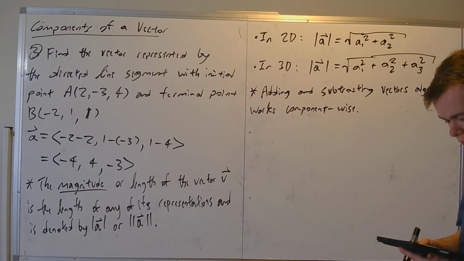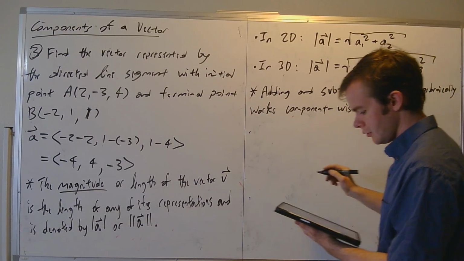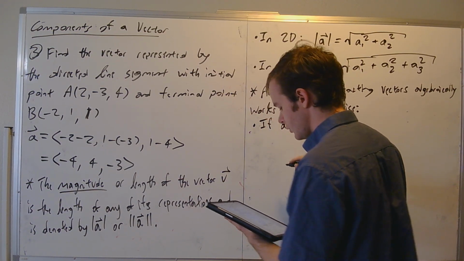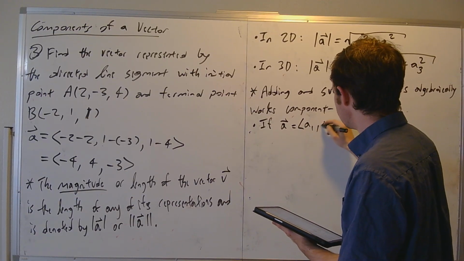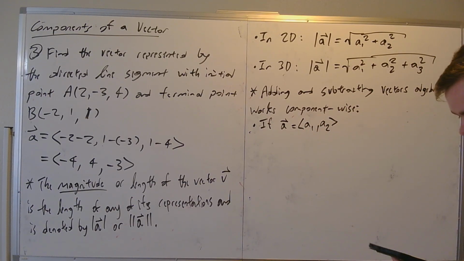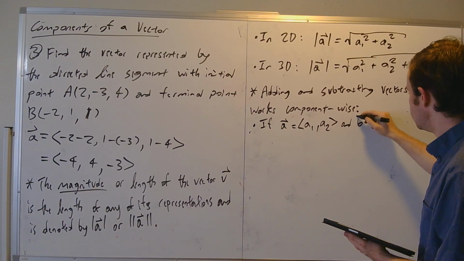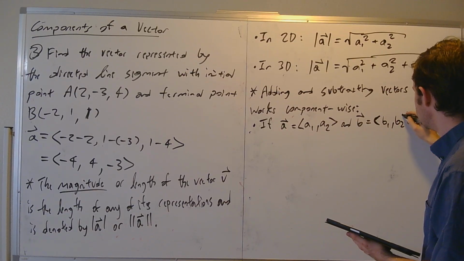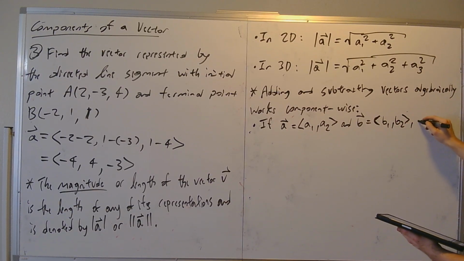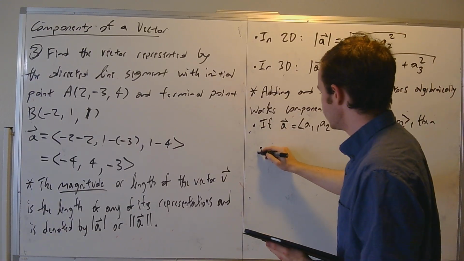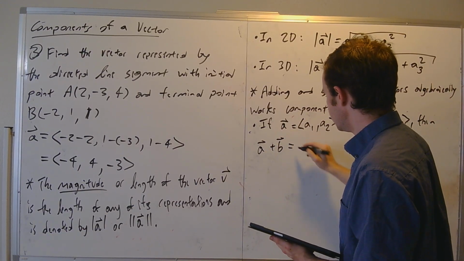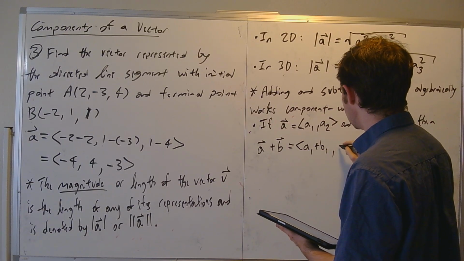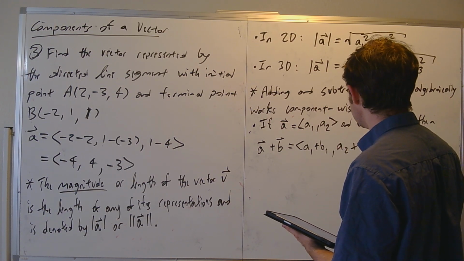Okay. So what that means is if A equals A1, A2, so this is the representation of the vector, and B equals the representation B1, B2, then A plus B is going to be equal to A1 plus B1, comma, A2 plus B2.